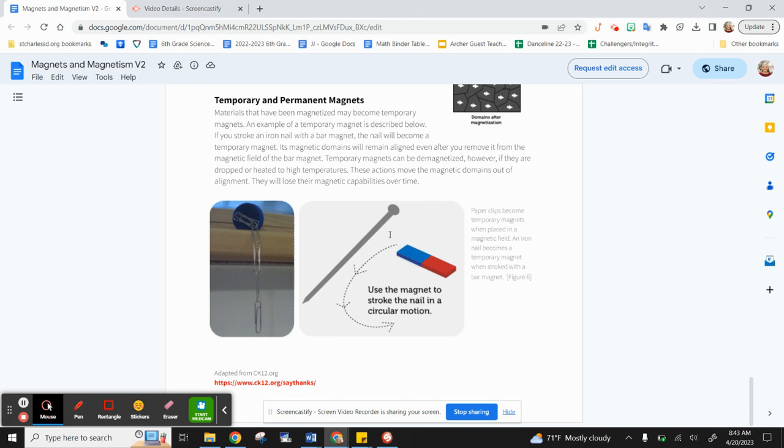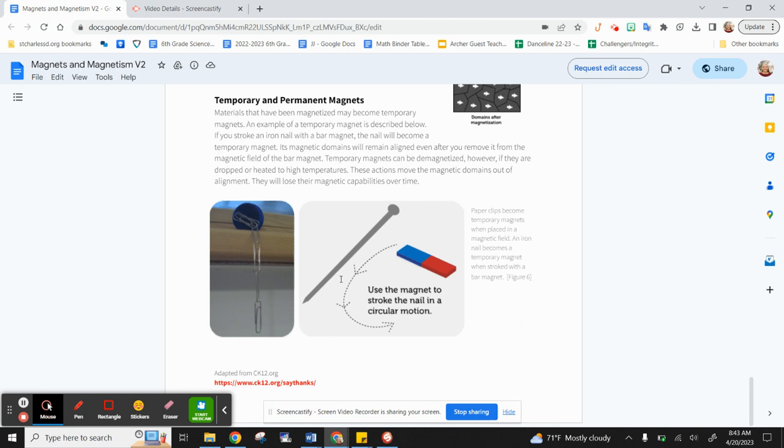Its magnetic domains will remain aligned, so like this, all in the same direction, even after you remove it from the magnetic field of the bar magnet. Temporary magnets can be demagnetized, however, if they are dropped or heated to high temperatures. These actions move the magnetic domains out of alignment and they will lose their magnetic capabilities over time.